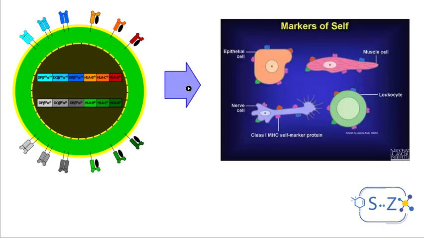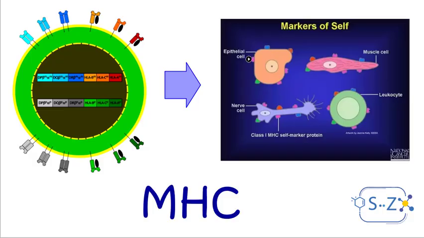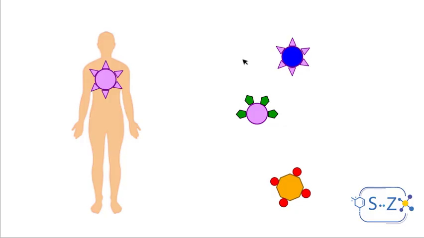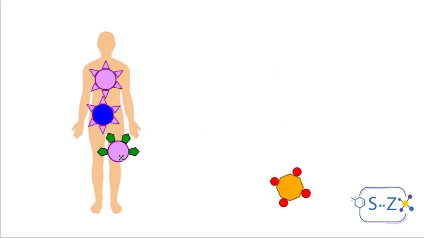And we learned that this MHC, or what we call markers of the cell, is found on all the nucleated cells of the body. This MHC has the role of differentiating self from non-self. So if something has the same marker, it can enter the body, but if something has different markers, it cannot enter the body. The body fights it.